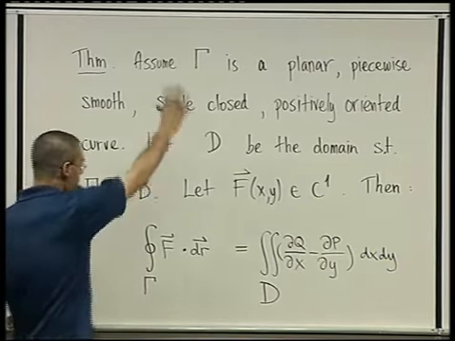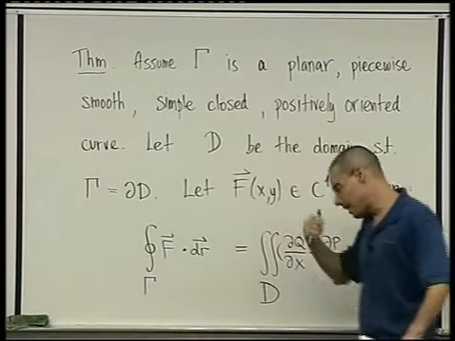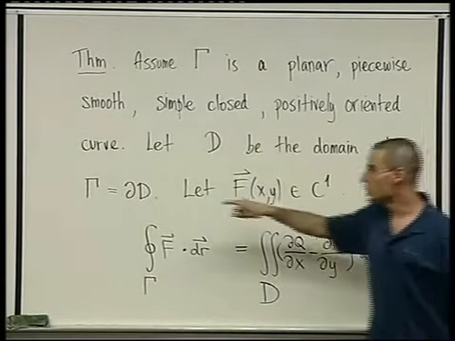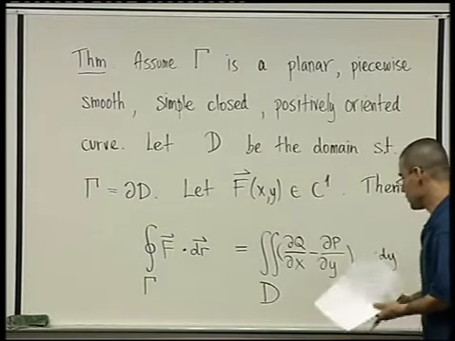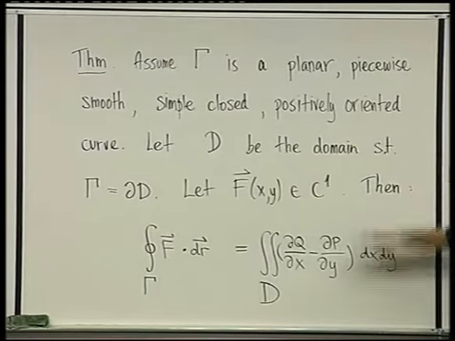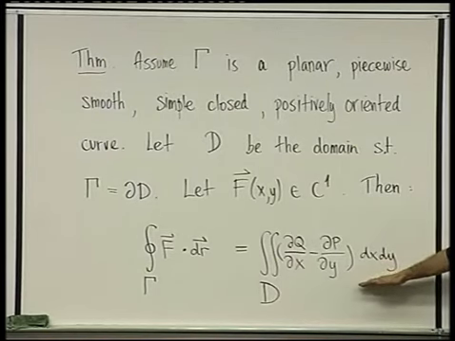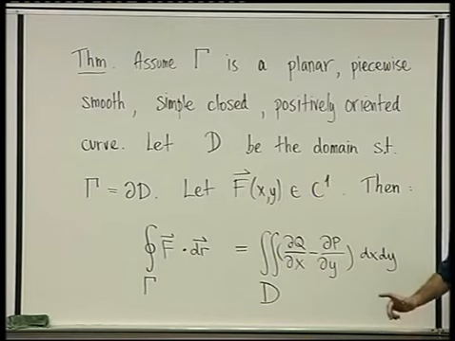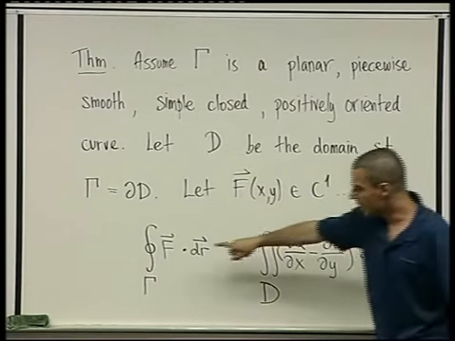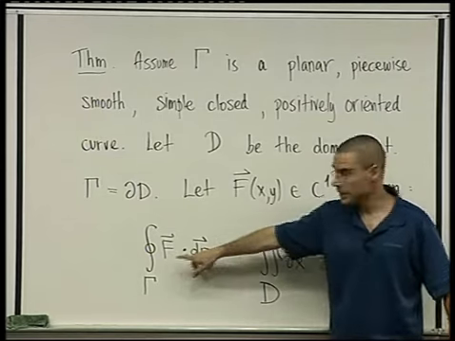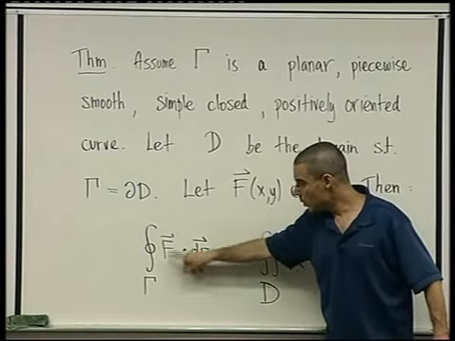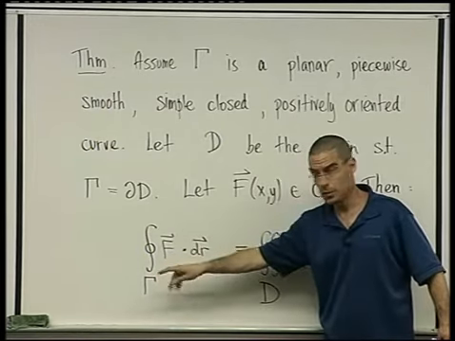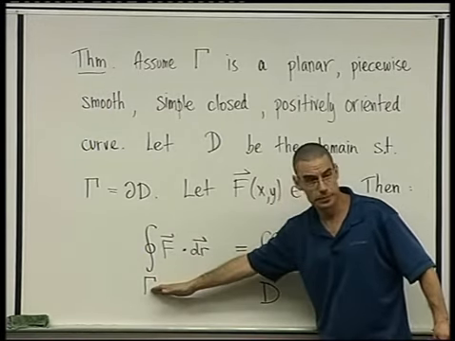Before we figure out all these details, think of gamma as just any curve which is the boundary of some domain D, and tell me if you see that the formula in Green's theorem resembles the Newton-Leibniz formula. Why? On this side, we have a function, in this case a field, and we're integrating the field over some curve.